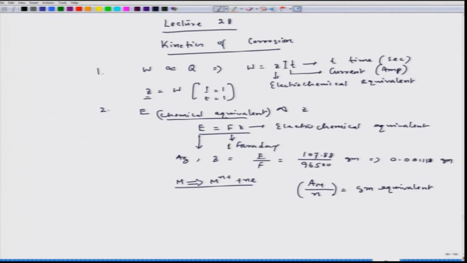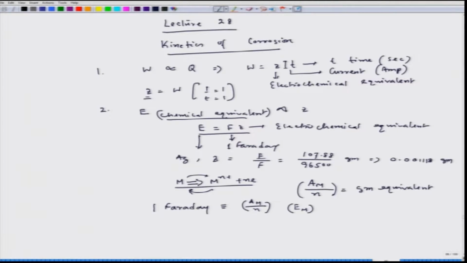Now, if I send 1 Faraday of electricity or the 1 Faraday of charge, that means 96500 coulomb of charge, it will always liberate when it transforms to metal ion, or it will also deposit the metal of this amount, which is Am divided by N. That means, this is the E value of metal or chemical equivalent of this metal.